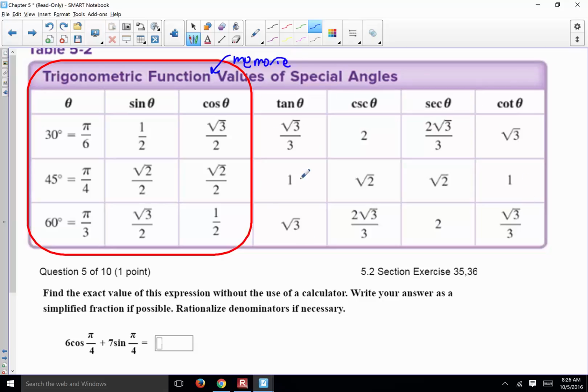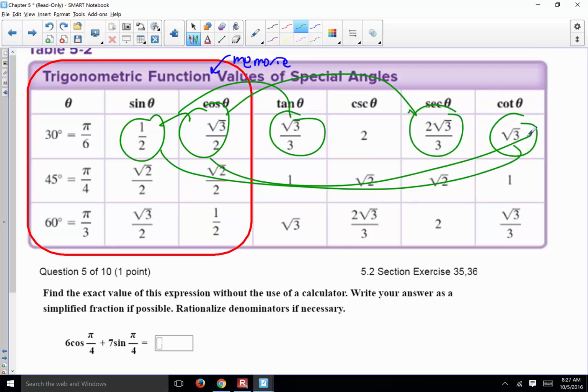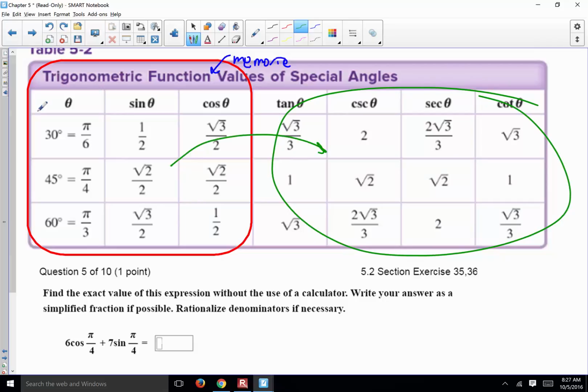You are free to memorize or not, because once we build some relations using these two, for example, you can obtain this one. You can get secant if you know this guy. You can get cotangent again using these two.